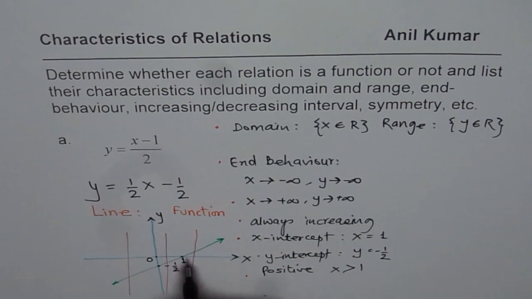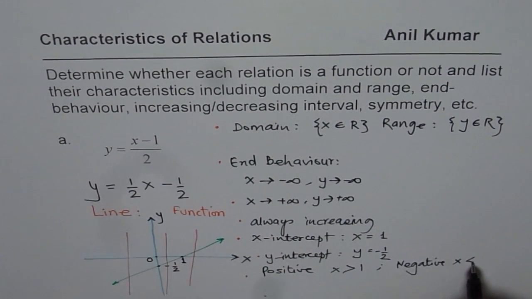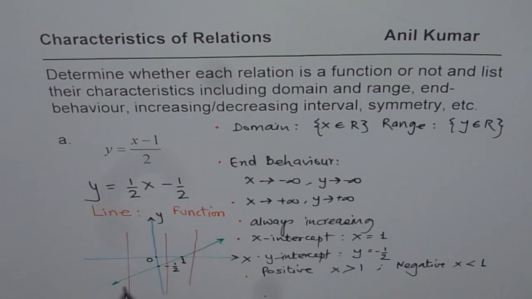This line is above the x-axis, so it is positive, and it is negative for x values less than 1. At x equals 1 it is 0. On either side the sign changes from negative to positive as the function is always increasing. So these are a few characteristics which you could also highlight for any line. I hope that helps.